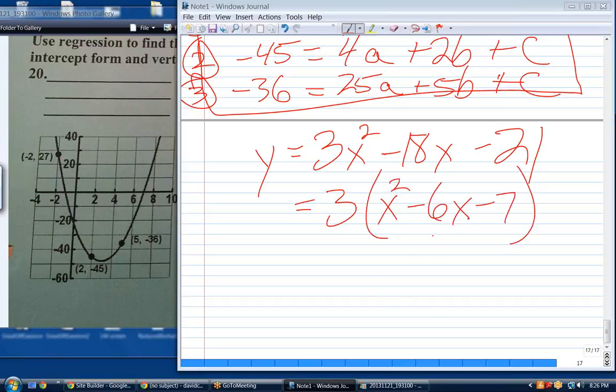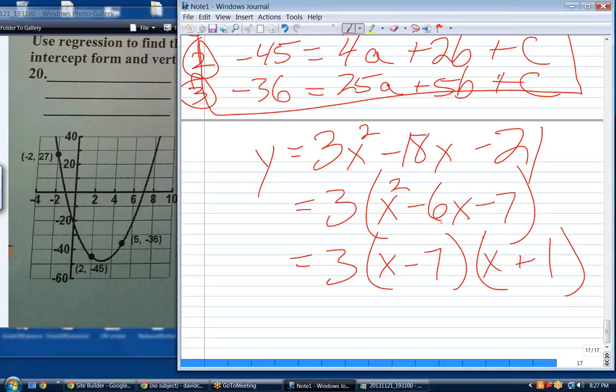Okay, now can we factor that? If we can factor that, we will be in intercept format already. Done. I don't think that factors. We're looking for factors of 7 that subtract to 6.